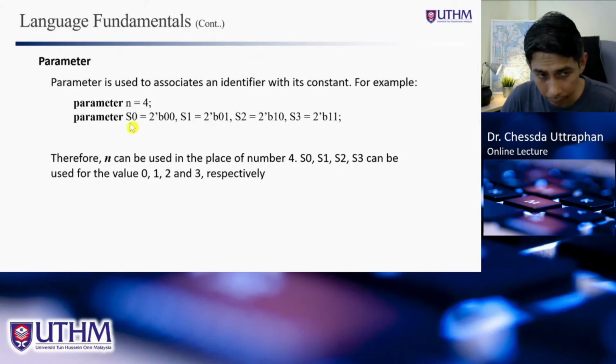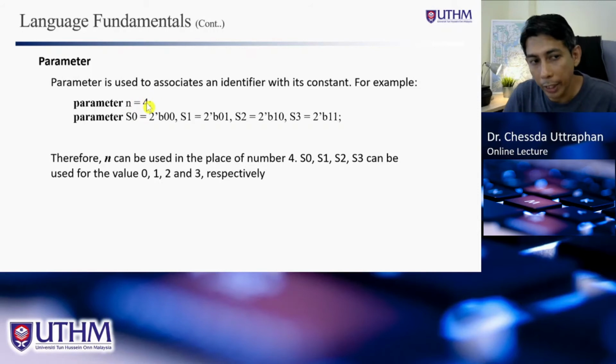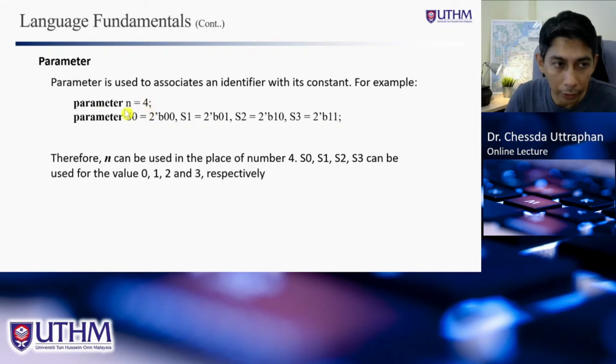Very important when we design a repeated circuit or a very big circuit later on. For example, our initial design has a size of 4 bits. Later on, we want to change to 8 bits, for example. So we can use this one.